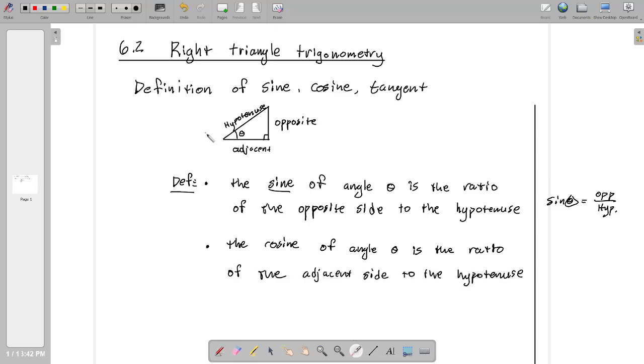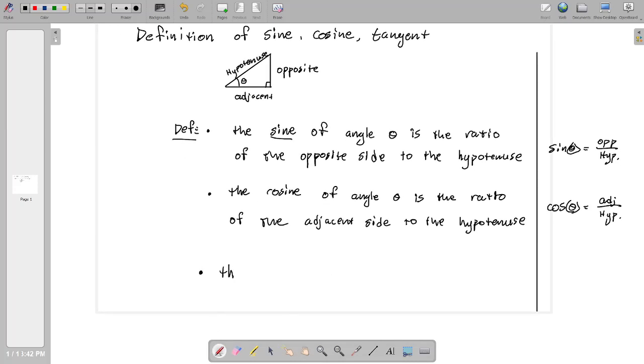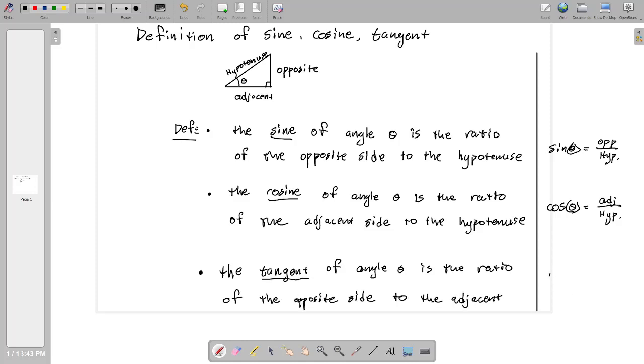So we're comparing this side and this side as a quotient. The cosine of theta will be the adjacent side divided by the hypotenuse. The tangent of angle theta is the ratio of the opposite side to the adjacent side. So tangent of theta is equal to opposite divided by adjacent.